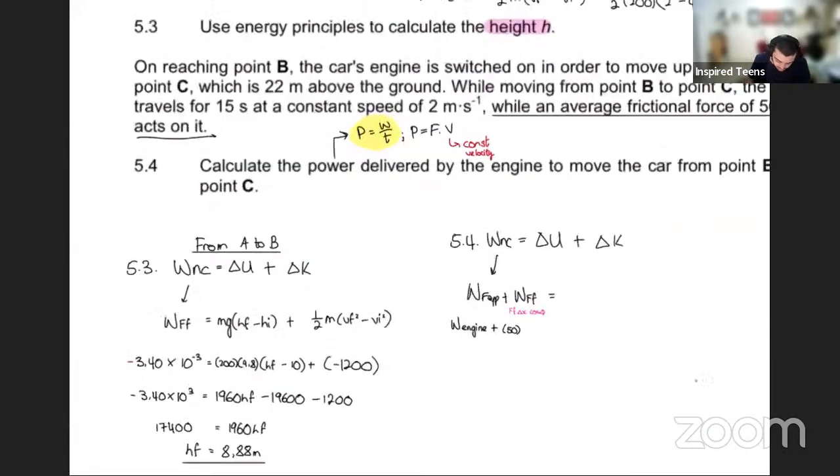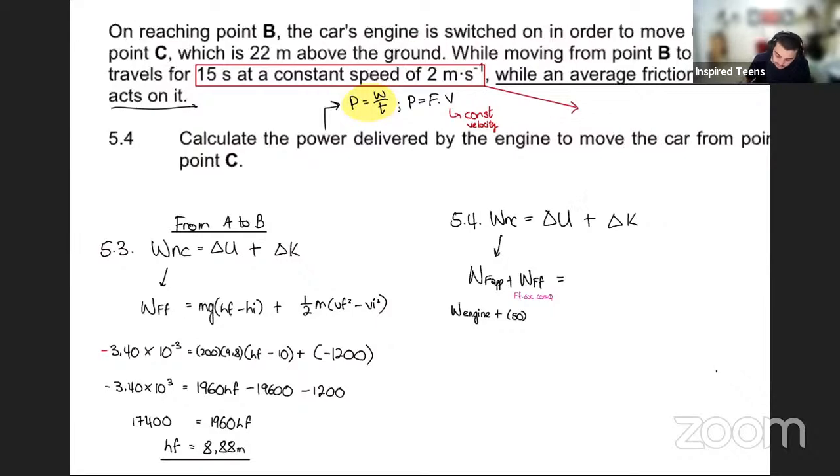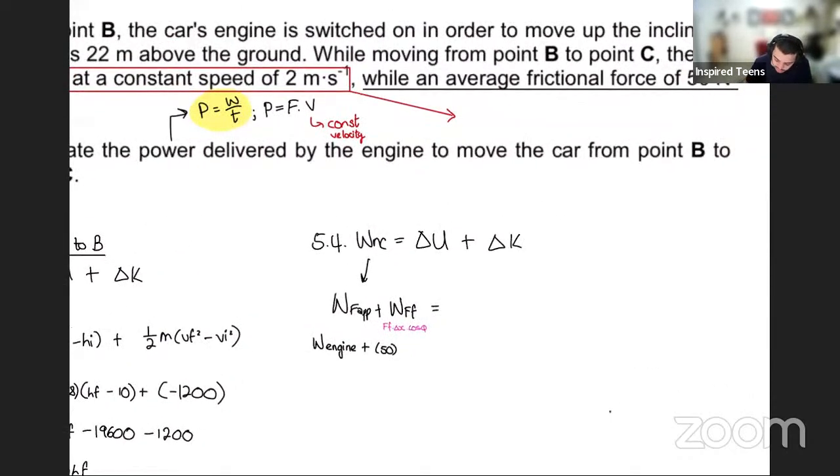Okay, this question was a bit tricky to calculate, not exactly, but kind of. Okay, they gave this piece of information. It says it travels for 15 seconds at a constant speed of 2 meters per second. If you're going to travel at a constant speed, you can use the formula distance is equal to speed times time.